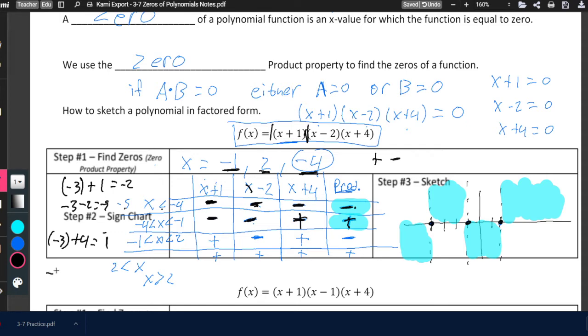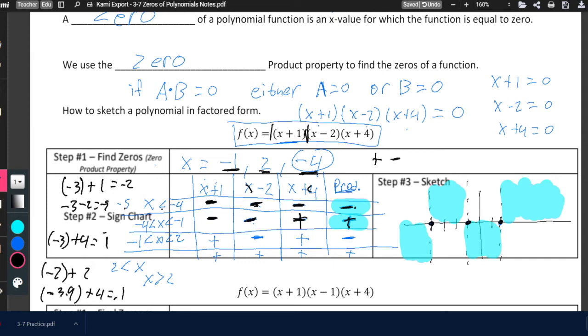If I did negative 2 plus 4, we get positive 2. Negative 3.9999999 into infinity would still come out positive because it's just small enough below the 4. So if we did negative 3.9 plus 4, we get positive 0.1.